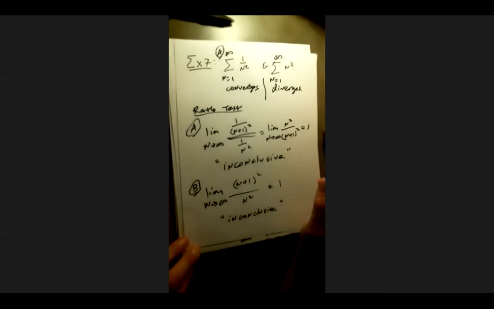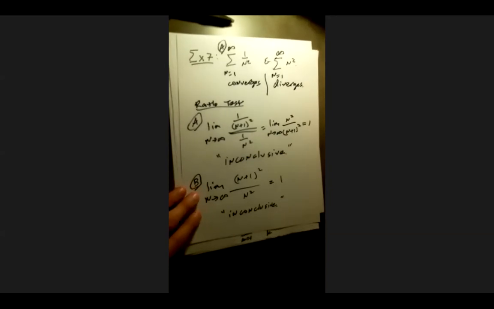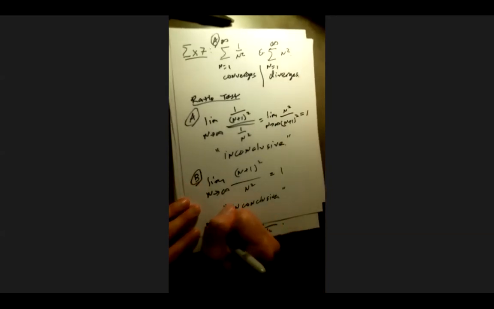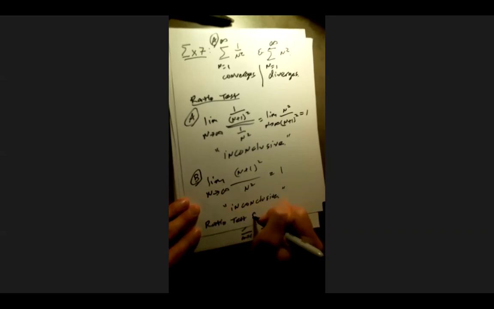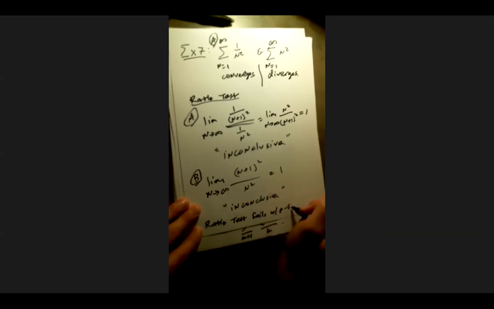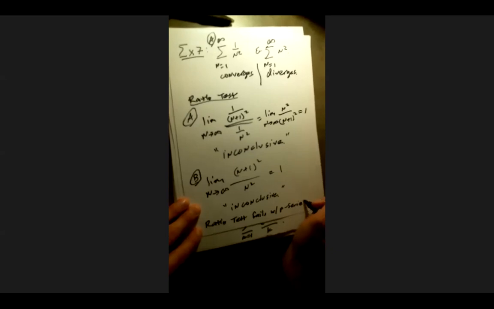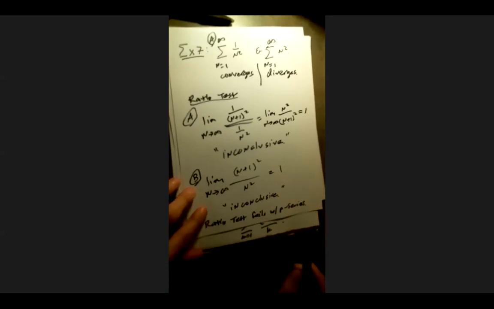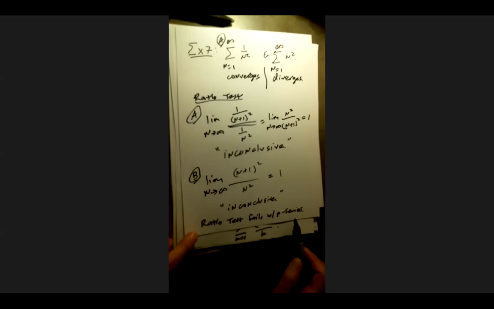No, it's inconclusive. And so the pro tip is that the ratio test fails with which kind of series? P series. Fails with P series, or things that are like the P series. What kind of test works really well with things that are like a P series?